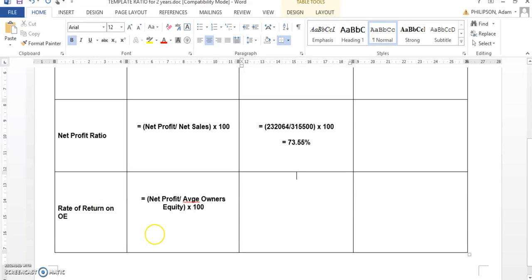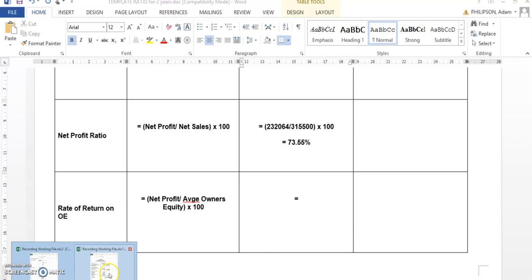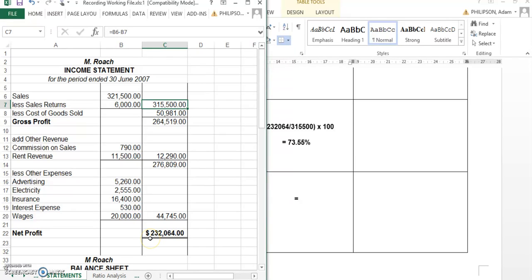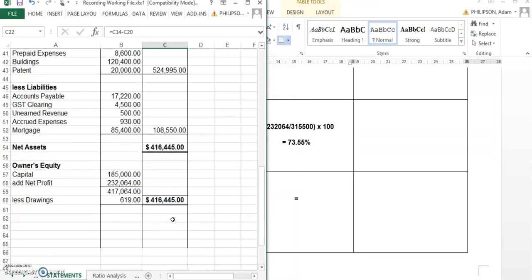In this case, remember, average owner's equity was an extra little bit of trickiness, but to find all of these figures, net profit first of all again comes from here, and we're trying to get average owner's equity, so it's owner's equity for this year plus last year divided by 2.